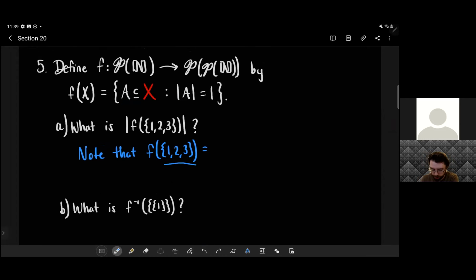So what's a subset of {1, 2, 3} with cardinality 1? How about the set containing 1? Or the set containing 2? Or the set containing 3?